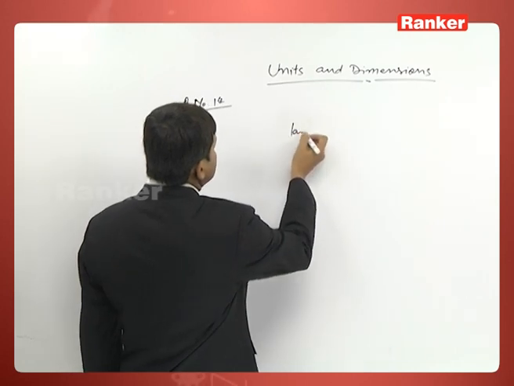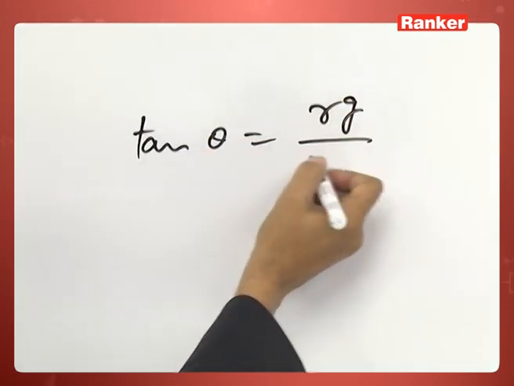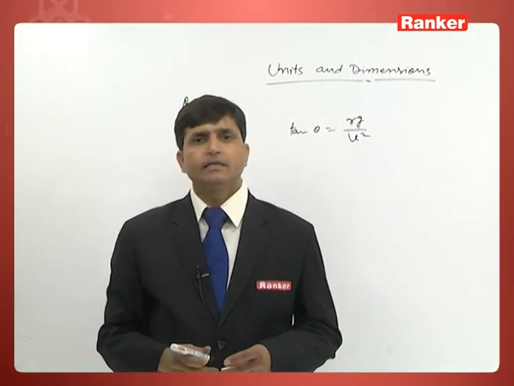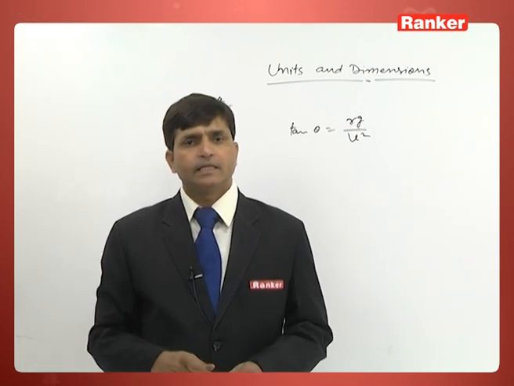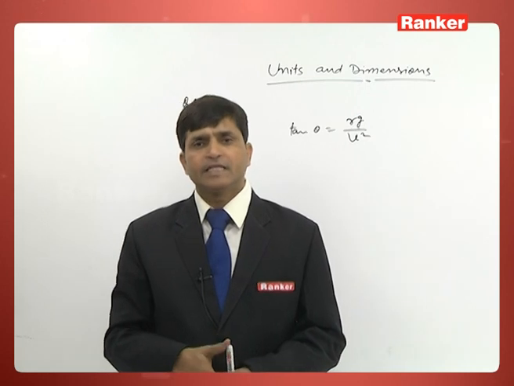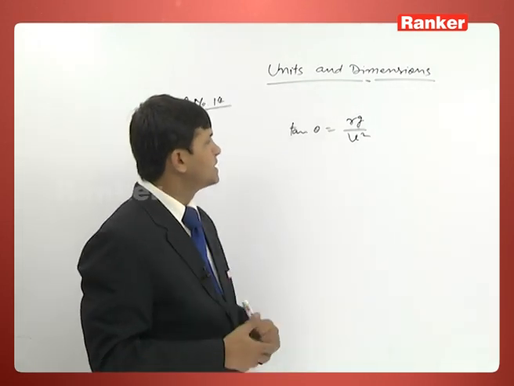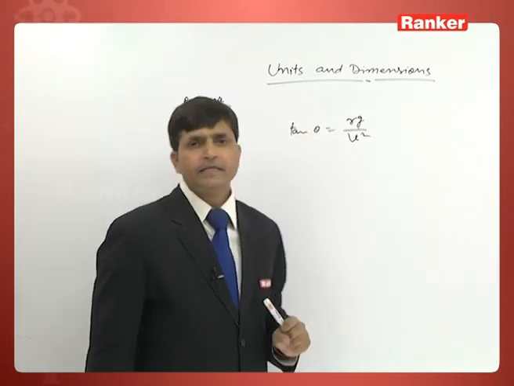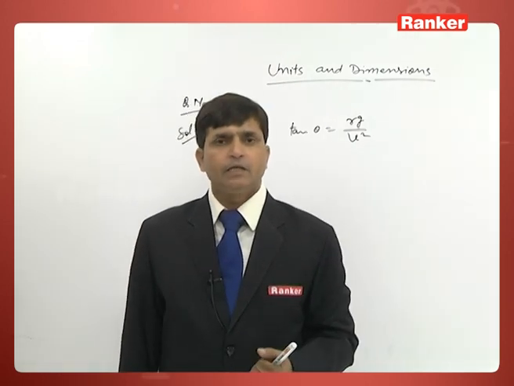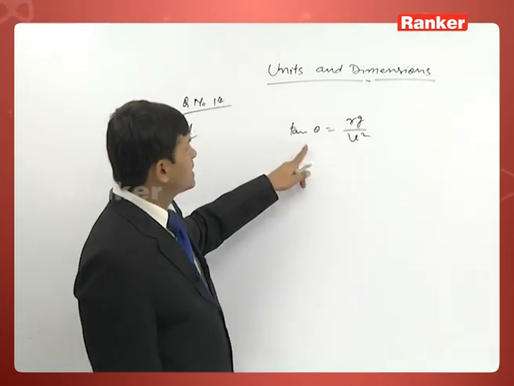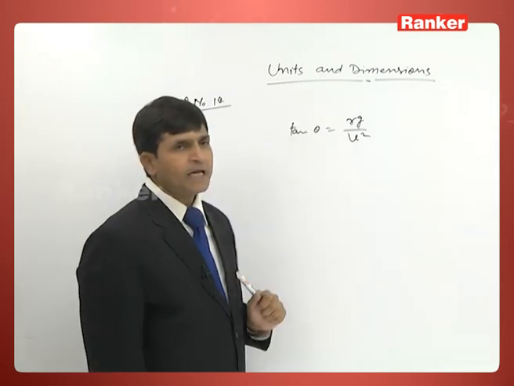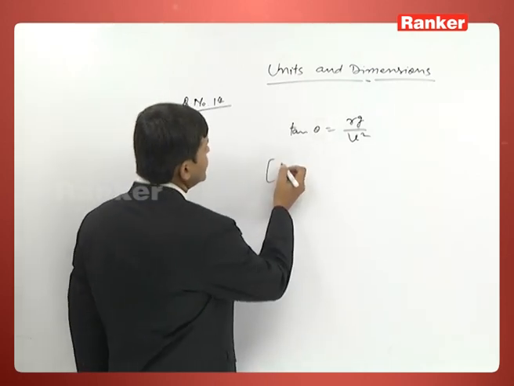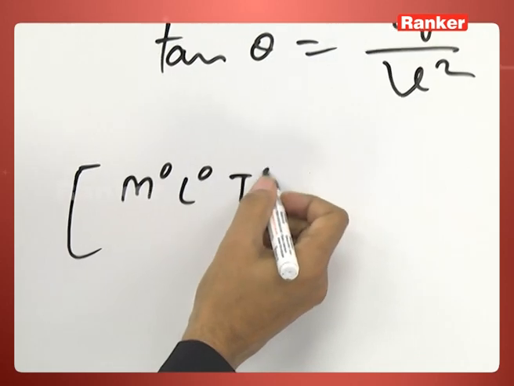As it is given, tan theta is equal to rg by v square, where r is the radius, g is the gravity, earth gravity, v is the speed, and tan theta here is the angle. First of all, tan theta does not have any dimension because this is the angle, this is any numerical value. So the left side is a dimensionless quantity, M0 L0 T0.